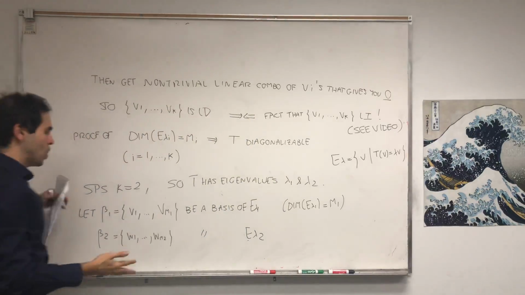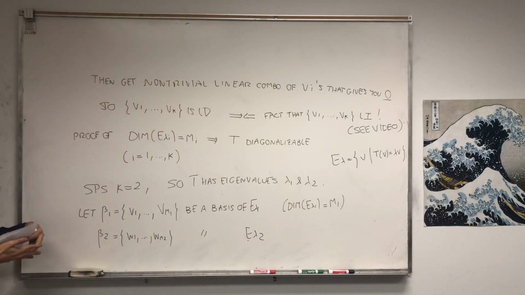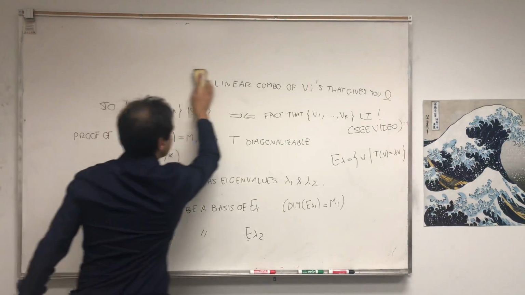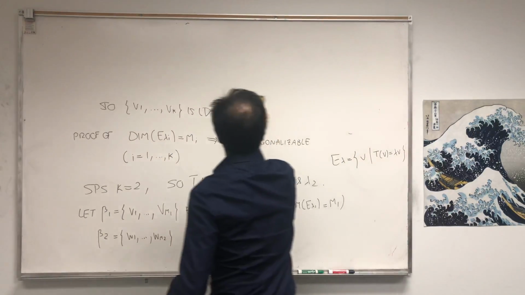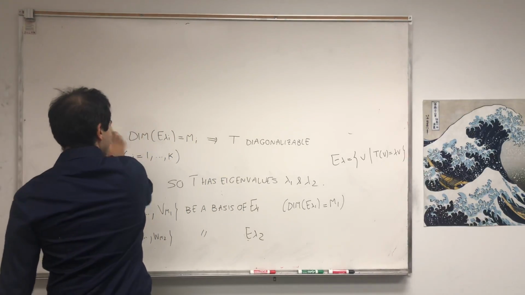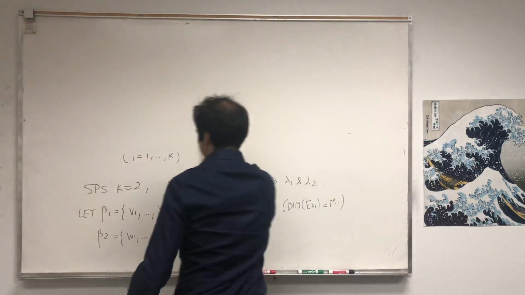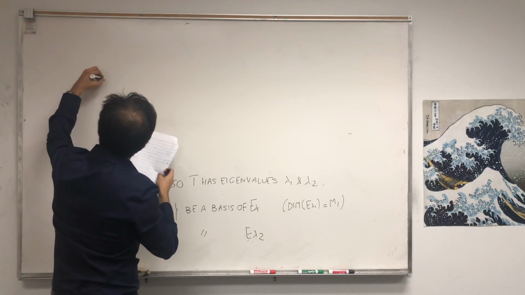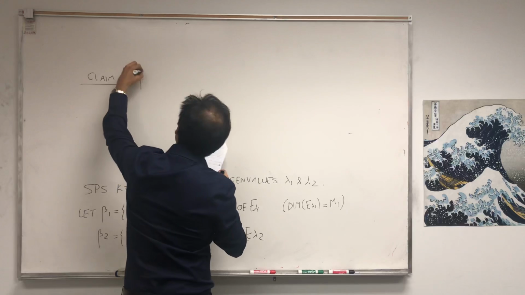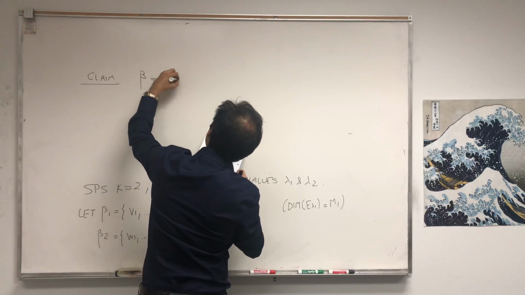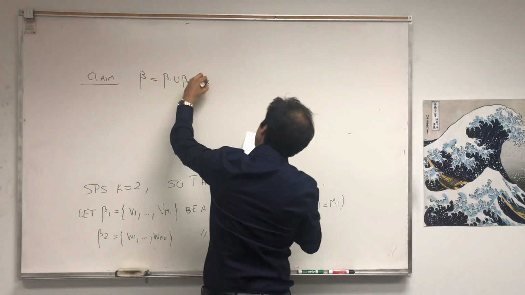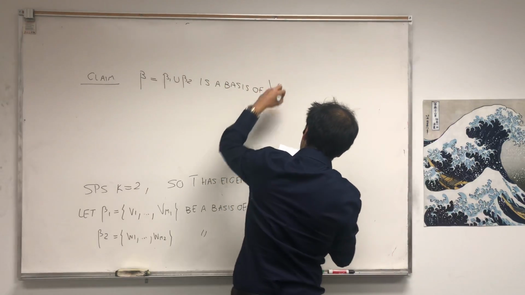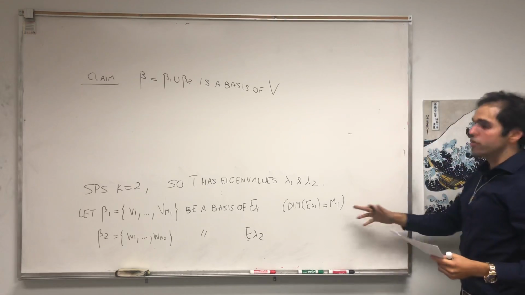And all we want to show is if you put both of them together, you actually get a basis of our vector space. Before it was Rn, and now it's just an arbitrary vector space. So claim: beta, which is beta 1 union beta 2, is a basis of V. And here's the cool thing.